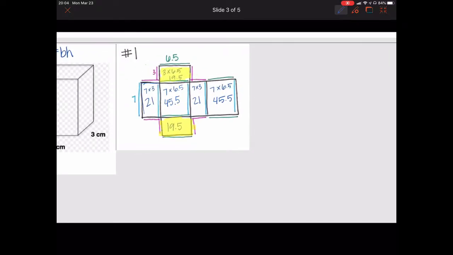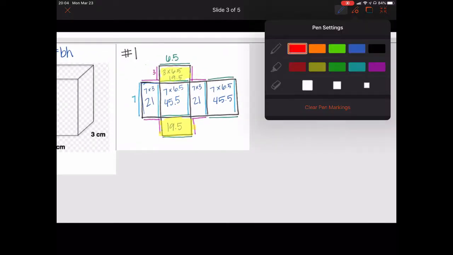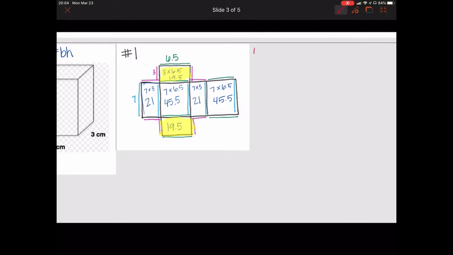Time to find lateral versus total. I would always say find the lateral first. Okay. So lateral meant sum of the areas except for the bases. So in this case, you're not going to add the 19.5s to your total. So we're going to have 45.5, 45.5, 21, and 21.